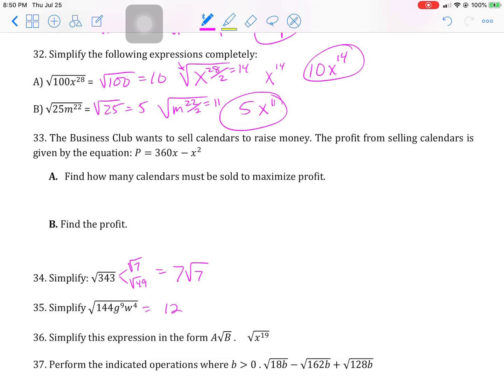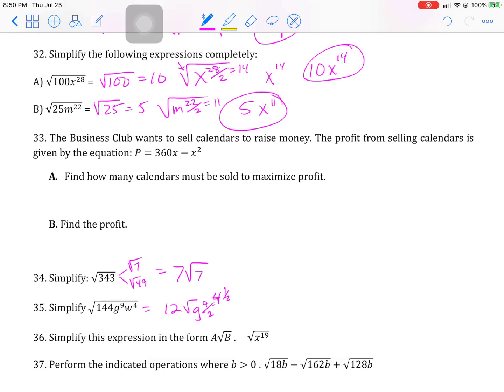144 is a 12. That's definitely coming out. And look at the G's. Oops. There is 9. It's a square root. 2 into 9 is 4 with 1 left over. So 4 of them come out and 1 stays in.